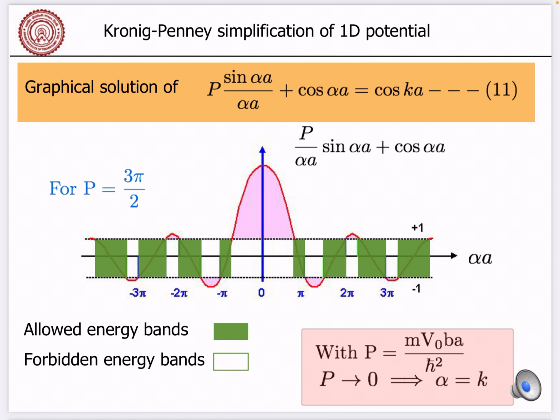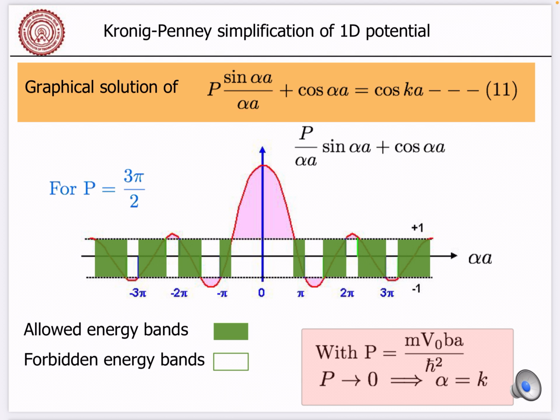Similarly, if you move along, once you cross plus pi you get a forbidden region. This is the region where the red curve crosses the plus minus 1 line, beyond plus pi. Again when it enters within the minus 1 region, it moves into the allowed states.